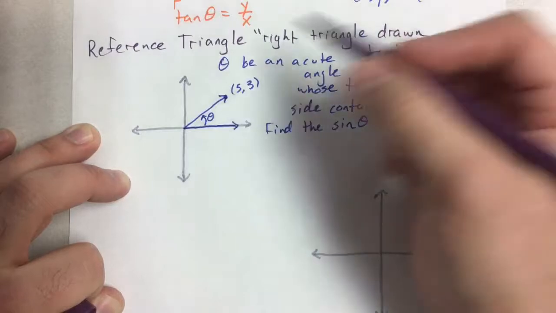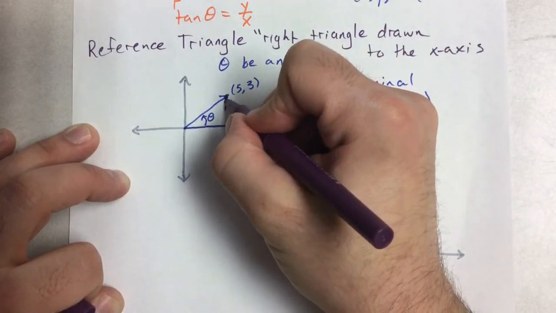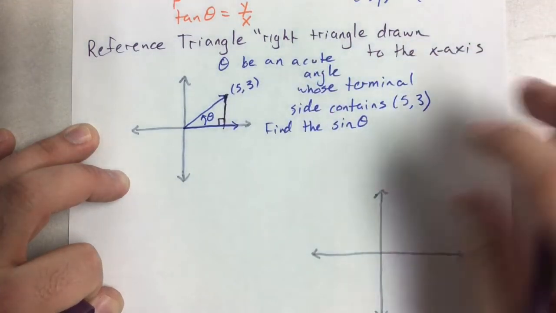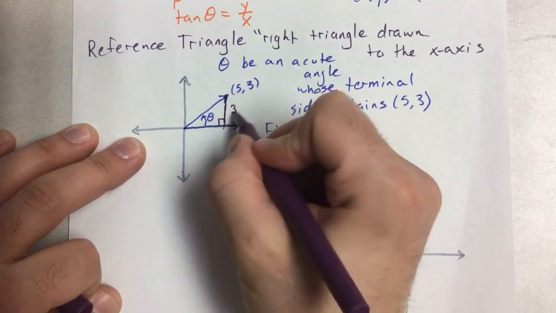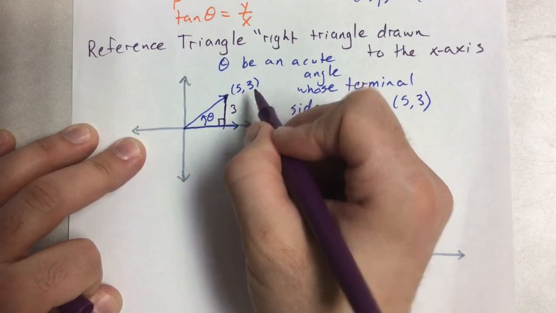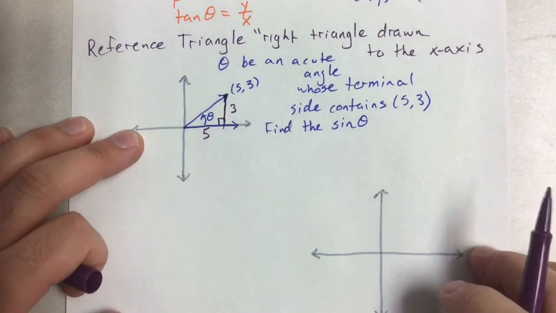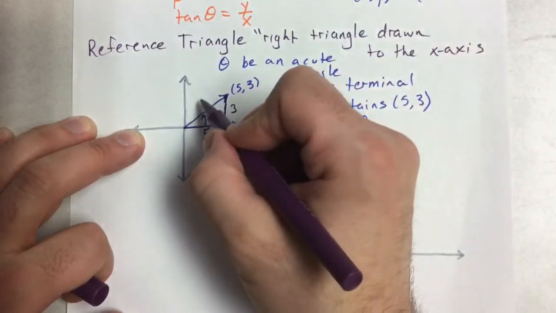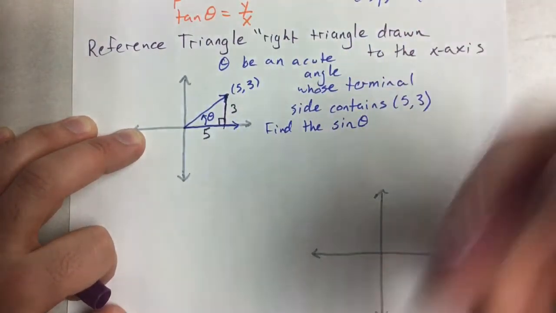So out here, here's our point 5, 3, so our reference triangle would be right here. And with this triangle, we know, according to this coordinate, that we have 3 being the y value, and 5 being the x value. And we have a right triangle, so I can find sine of theta, but we don't know what our hypotenuse or the radius is. We don't know what that value is, but we can find it.